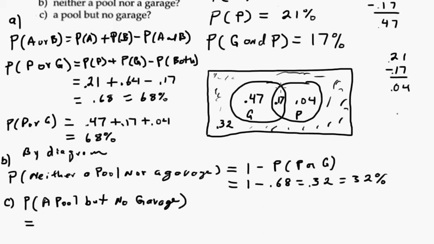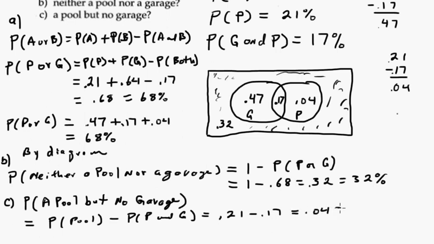So we would have to subtract 17 off. That would be the probability of a pool minus the probability of a pool and a garage. And that's just going to be 0.21 minus 0.17, which is 0.04, or 4%.